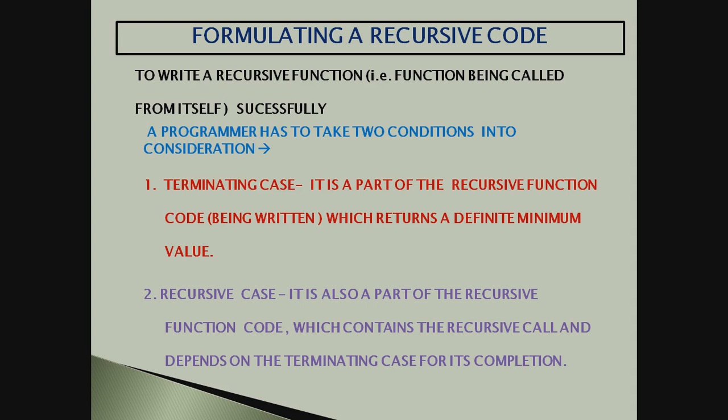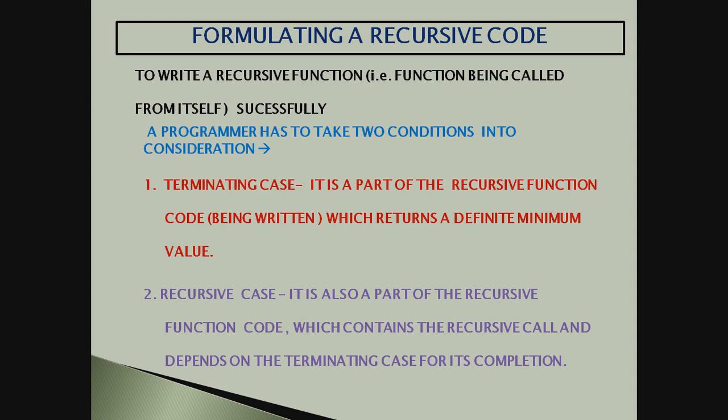Now what is a recursive case? A recursive case is a case which takes help of the terminating case to do its work. The recursive case is the generic case, and the terminating case is the case which gives us a definite minimum value.